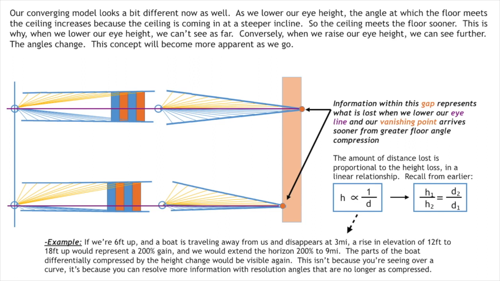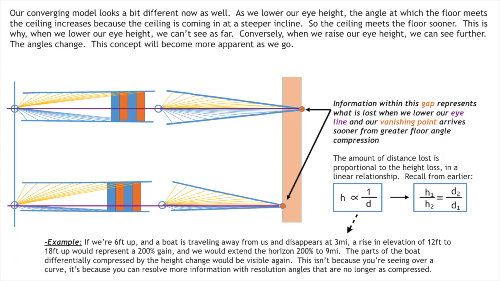So there's plenty of times where people have filmed a boat heading off into the distance, like a cruise ship or something like that, and then they view it a certain way with a certain amount of cutoff, which we'll get to as to why it's cut off, but then they extend themselves up maybe 30 feet or so to view it again, and then they can view more of it.